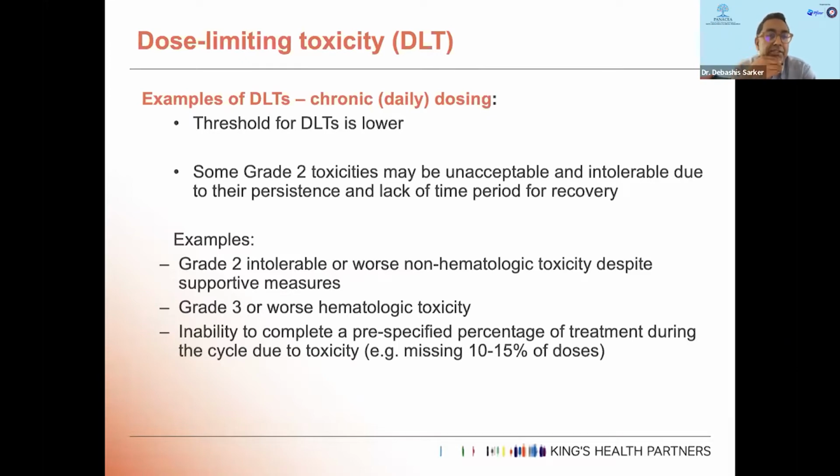For chronic daily dosing, you might find that grade 2 is actually a dose-limiting toxicity, because if you're having grade 2 diarrhea, for example, for a week, and you're on maximal medical therapy, that's a pretty significant impact on your quality of life. So some trials define certain DLTs even as grade 2.